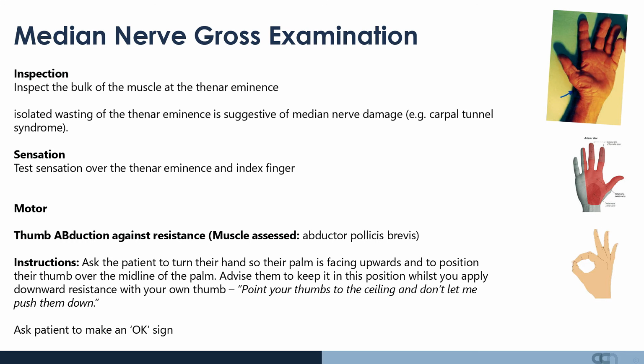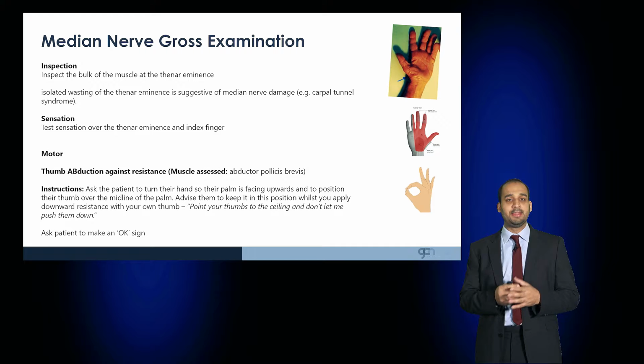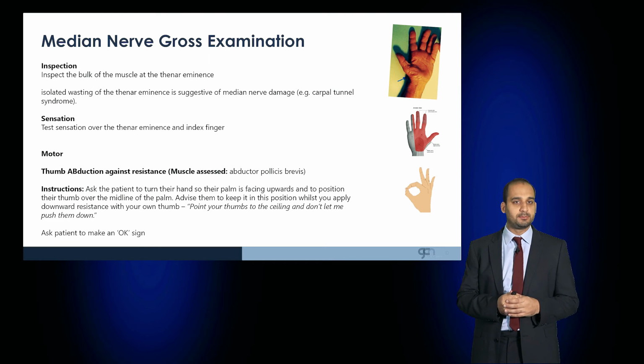To examine the median nerve, start by inspecting the bulk of the muscles at the thenar eminence. Isolated wasting of the thenar eminence is suggestive of median nerve damage, for example as a result of carpal tunnel syndrome. Sensation can be tested over the thenar eminence as well as the index finger. The motor activity should be tested by assessing thumb abduction against resistance, and that tests the abductor pollicis brevis.